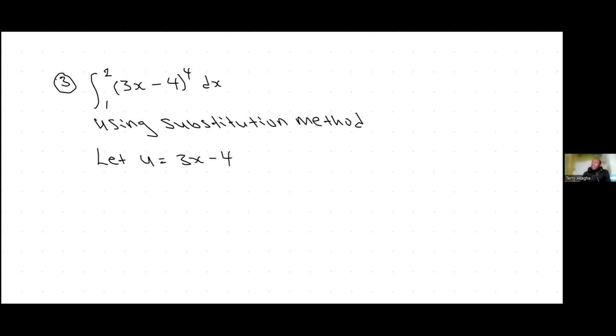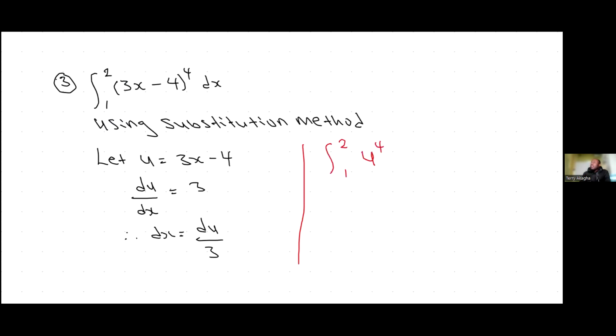So now we have let u be equal to 3x minus 4. So that means du over dx is going to be equal to 3. So therefore, we have now dx is going to be equal to what? du over what? 3. So now, based on this, because we know u is equal to 3x minus 4, we can rewrite this question again as integral from 2 to 1 of u raised to the power of 4.